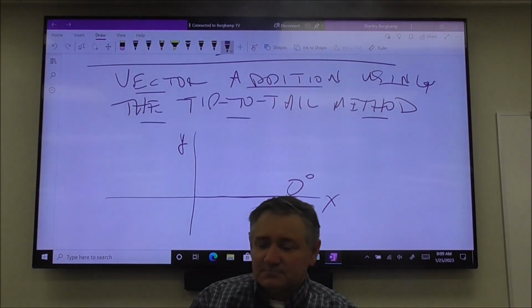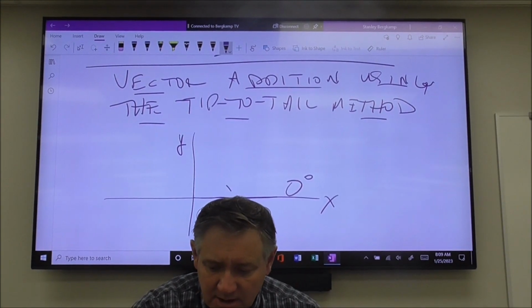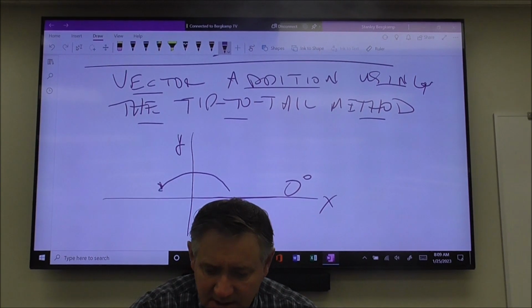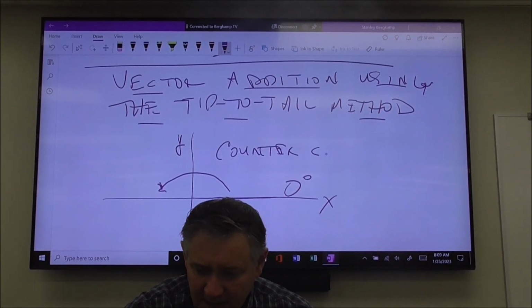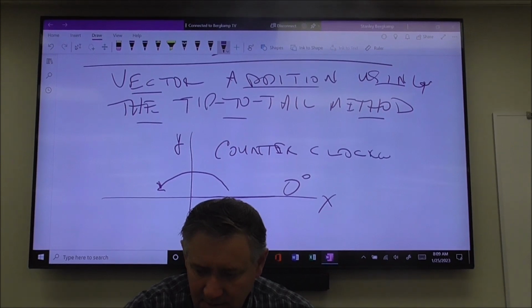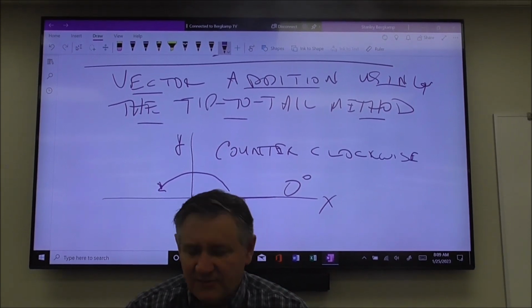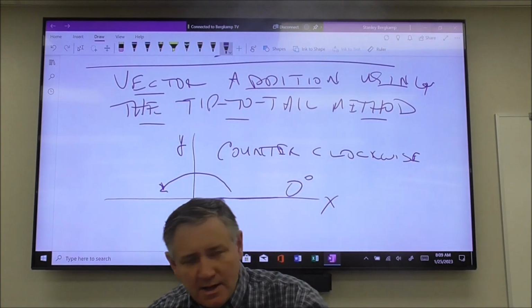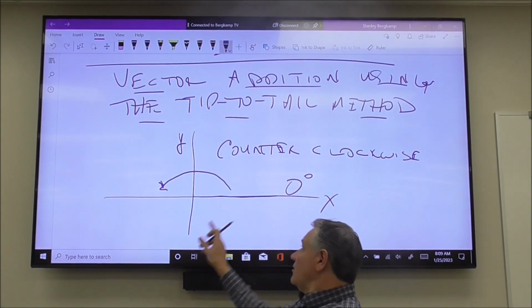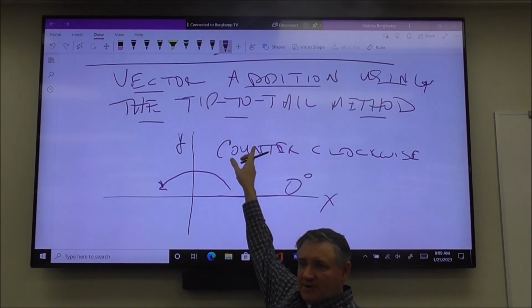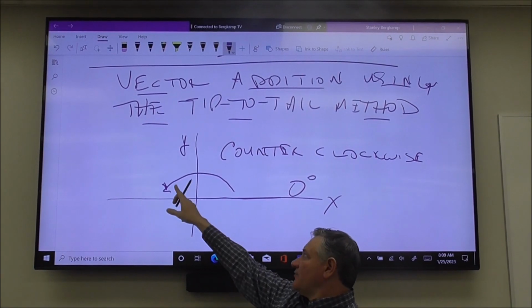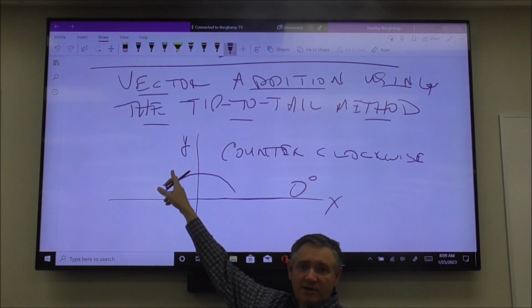The other rule is that any angle is going to be measured around counterclockwise from that 0 degrees. So for example, if I say we're at a 45-degree angle, 45 degrees is going to go from here up to 45. If I'm over here, this might be 120 degrees.